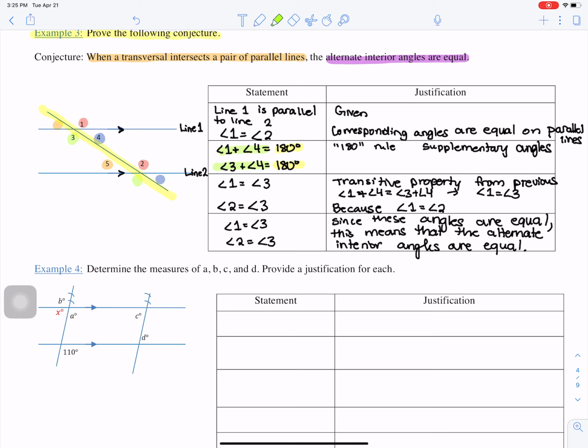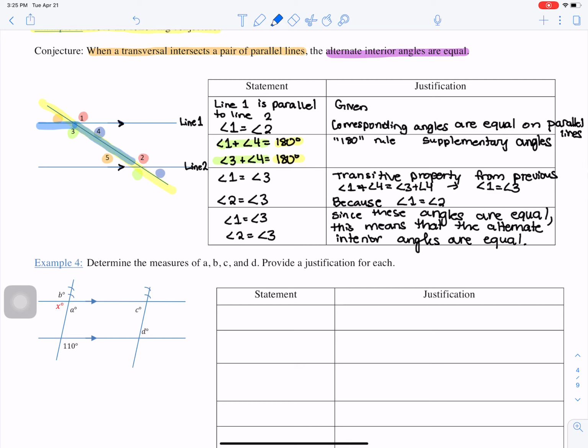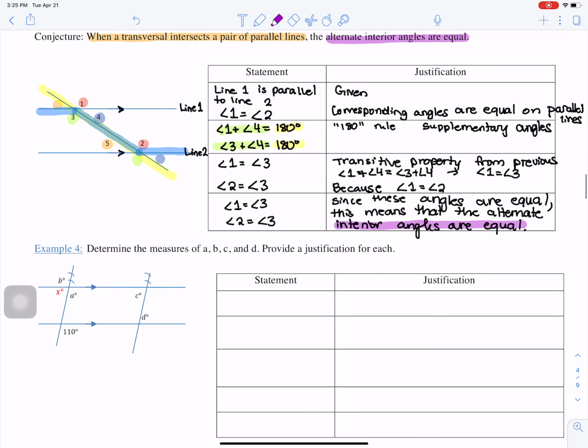So if I come back, I can draw that Z rule, which is the alternate interior. So angle 3 is an interior, angle 2 is an interior, and if I draw my Z rule out, those opposite interiors or alternate interiors are the same because we just proved that, which is what we were trying to prove in the question. I'm going to highlight that conclusion in the question, and then I'm done my statement.